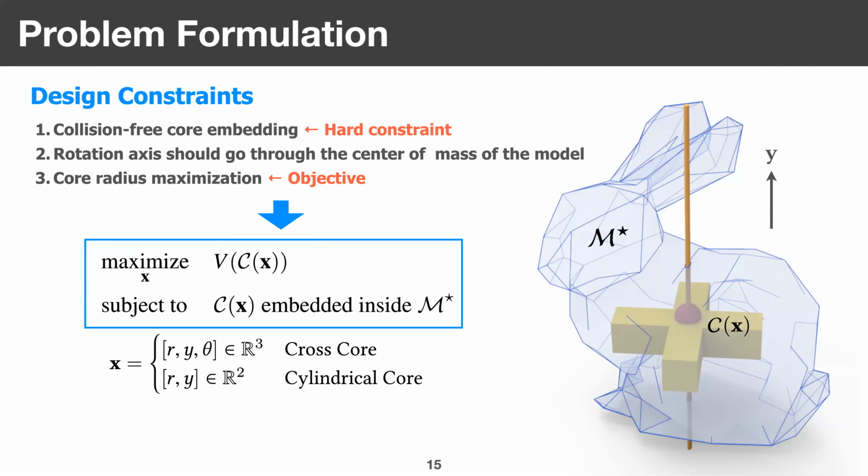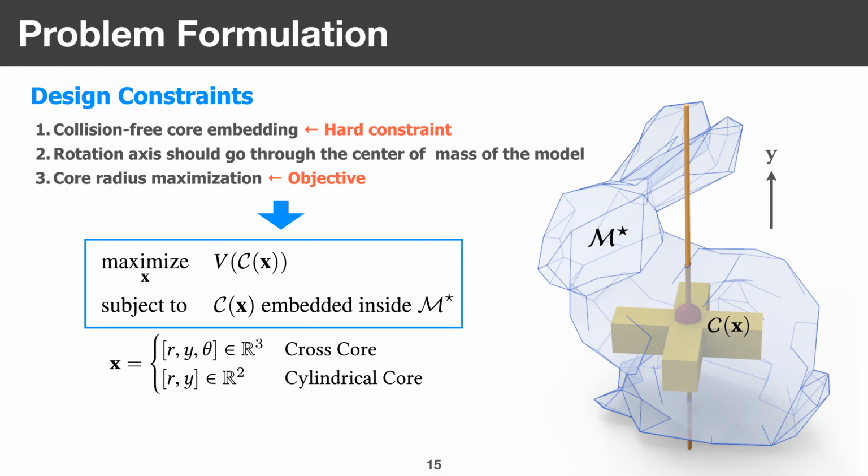Now we can formulate our design problem as a maximization problem. The first design constraint is used as a hard constraint. The second design constraint is not explicitly used in our optimization because we design our user interface such that the rotation axis always passes through the center of mass of the model.